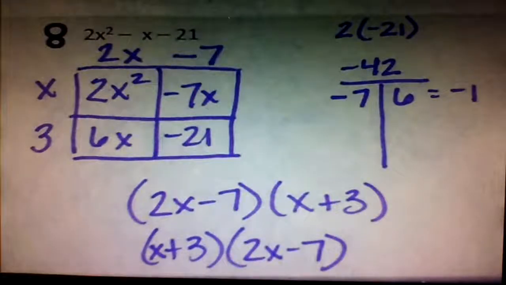If you switched your 6 and 7, yours looks like this. That's okay. It's still correct. That's why I said you can interchange these two. The factors that you get will just be on the opposite sides of where I have them. It's not wrong.